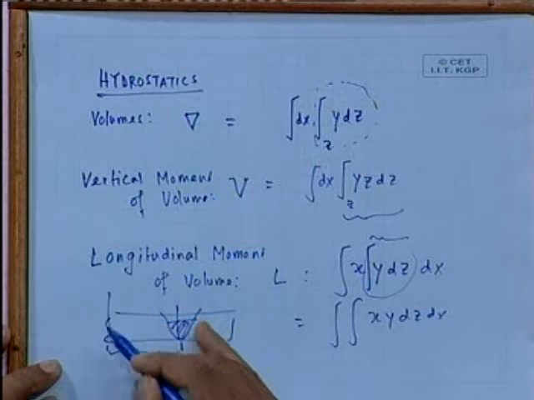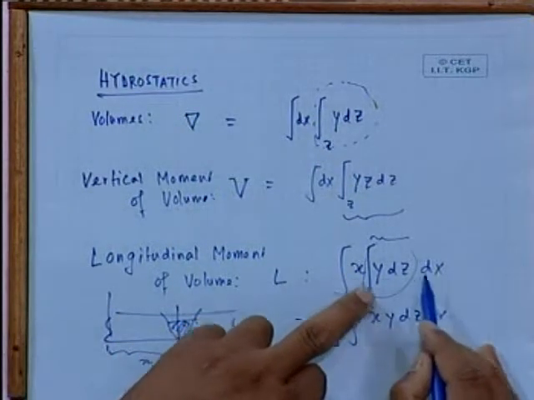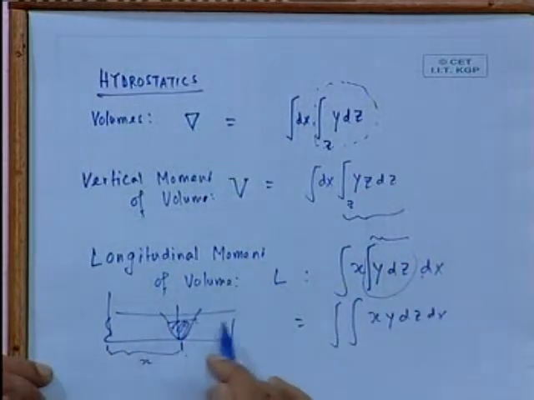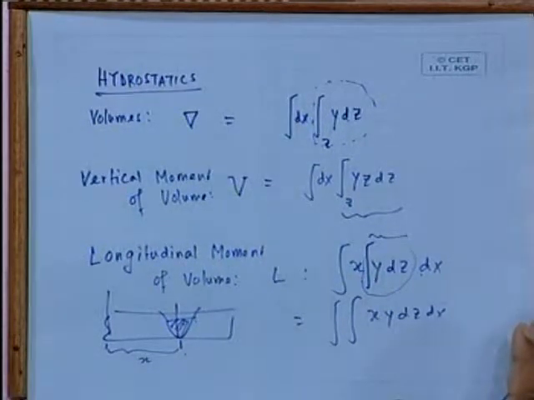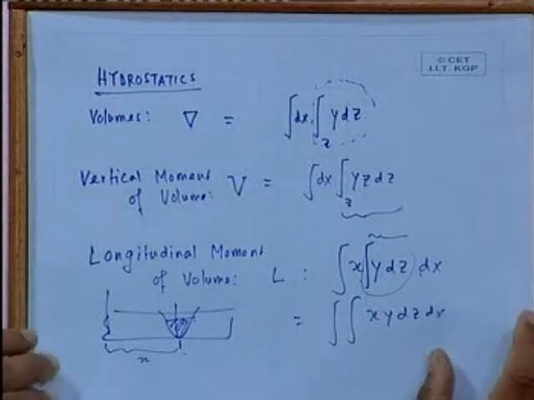I am taking moment about this point. So x multiplied by section area, and that I have to integrate along the length. Then I get L. Right now I am showing the various integrations. We will talk about how to carry out the integrations using Simpson's rule later in the lecture. All right. So this is L.